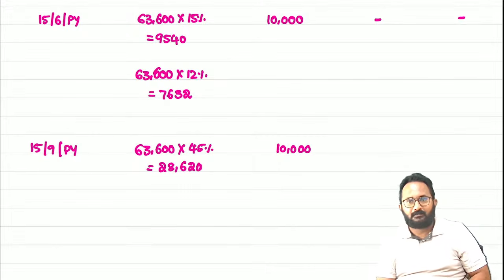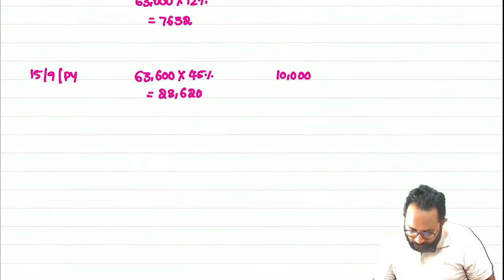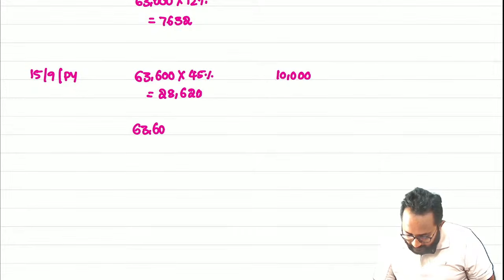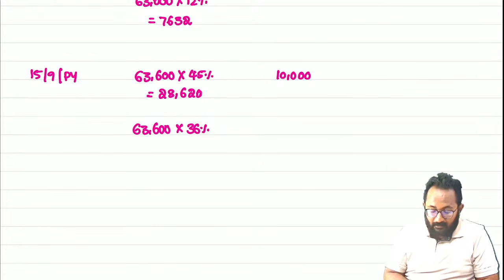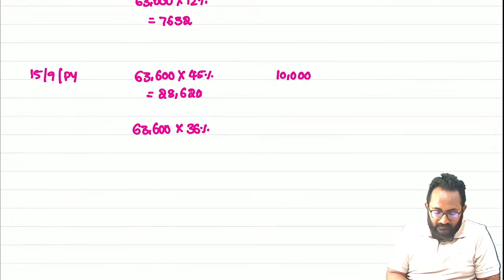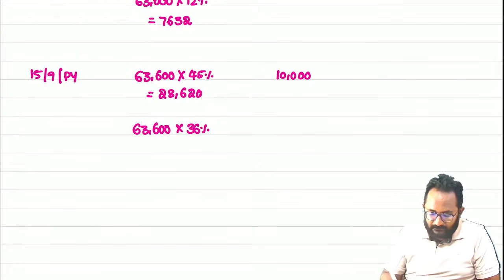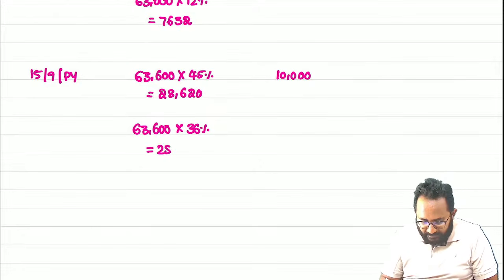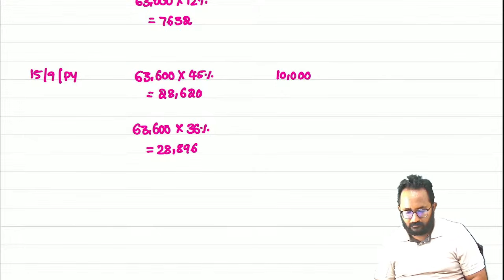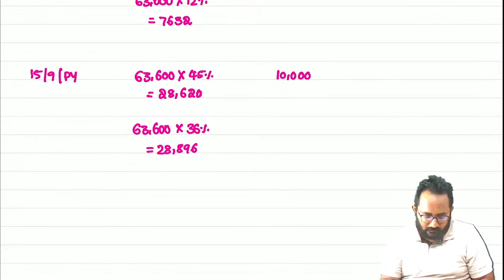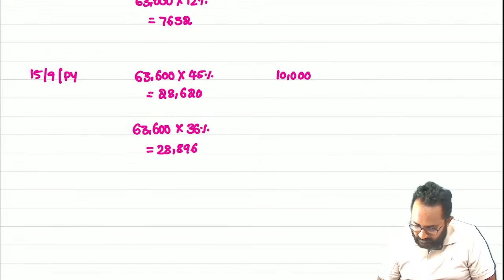Understood? Now, no need to pay the entire amount. Relaxation is there, right? Please calculate 36%. Remember, 63,600 into 36%. How much? 22,896, right?